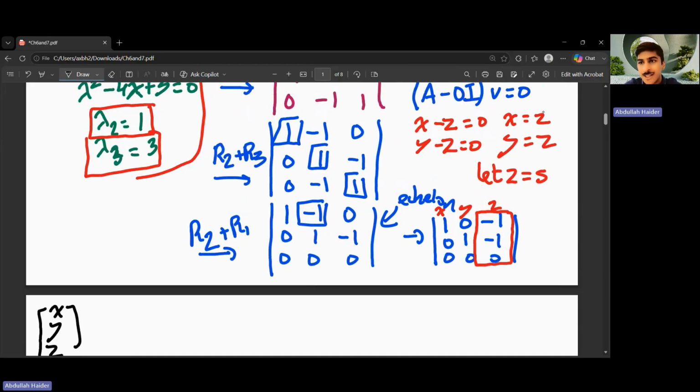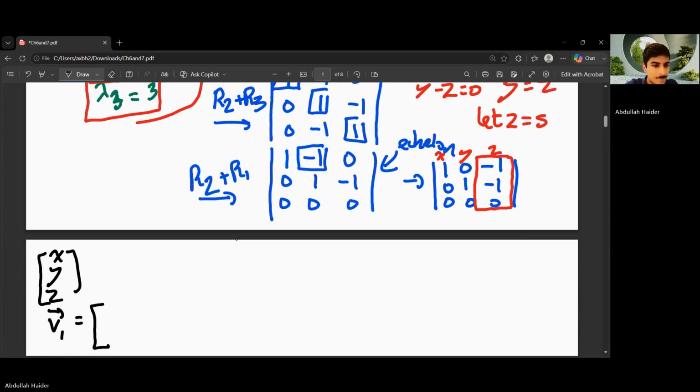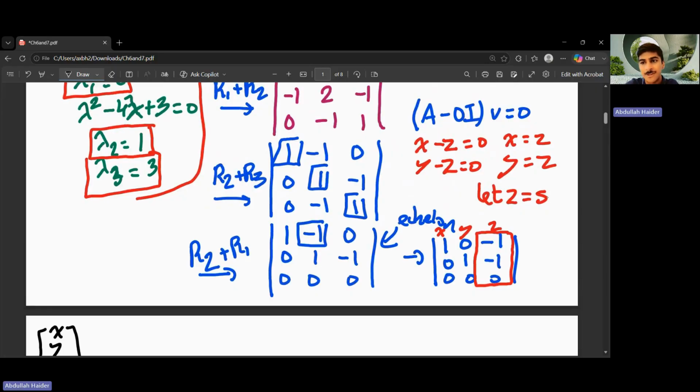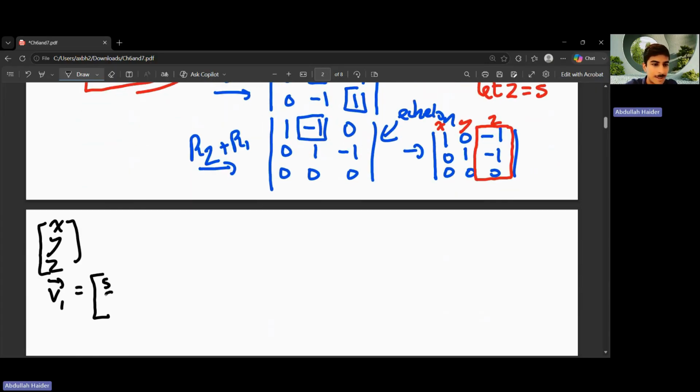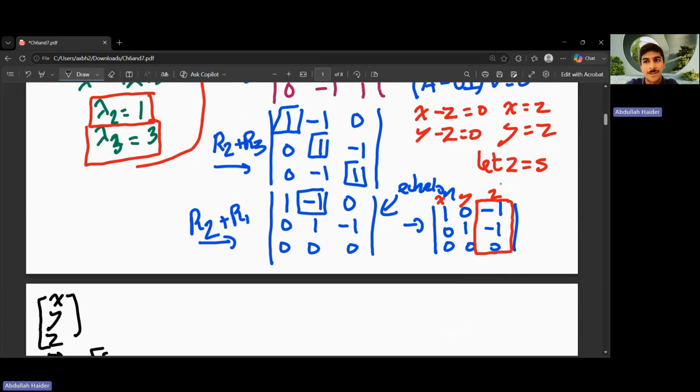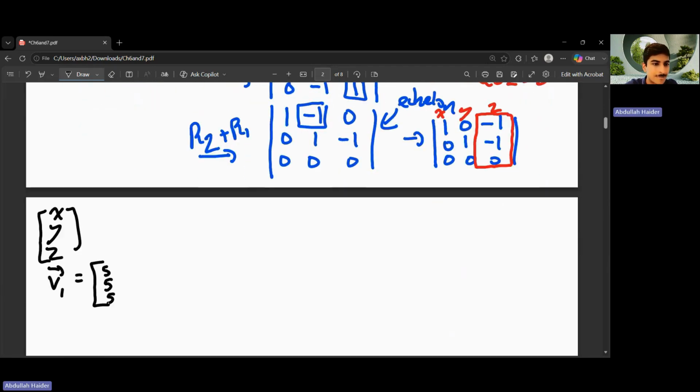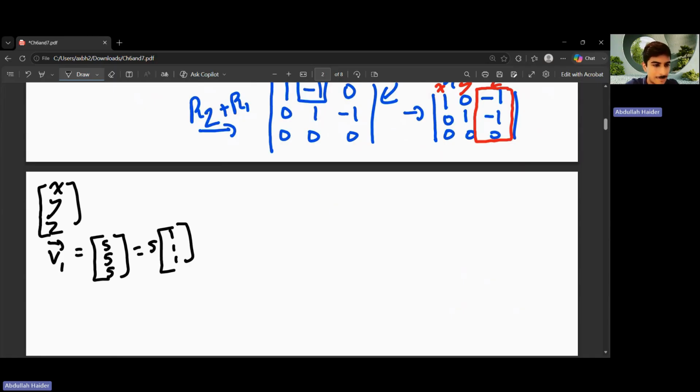Since z equals s, then y equals z, which is also s, and x is also s. You can take out the s, 1, 1, 1. You ignore the free variable, and your eigenvector is 1, 1, 1.